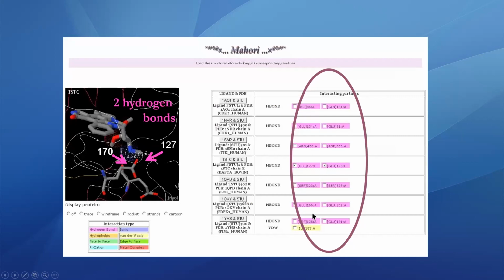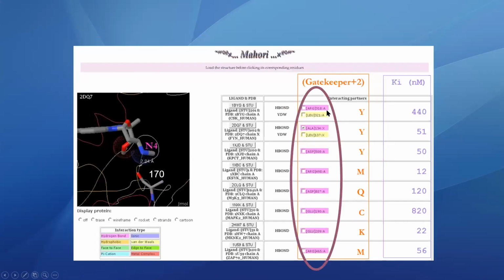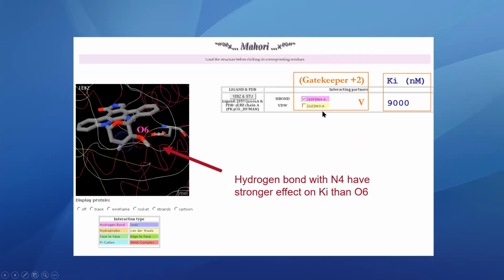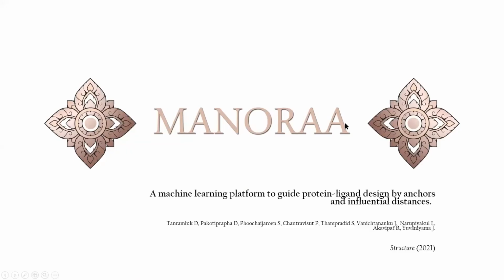So we can also generate tools that observe that if there are 2 hydrogen bonds, the Ki is small. If there is 1 hydrogen bond, the Ki is moderate. And if there is only 1 hydrogen bond, but instead of binding to the nitrogen, it binds to this methoxy oxygen, the Ki goes extremely large, or it almost doesn't bind at all. And we generate the active site map like that.